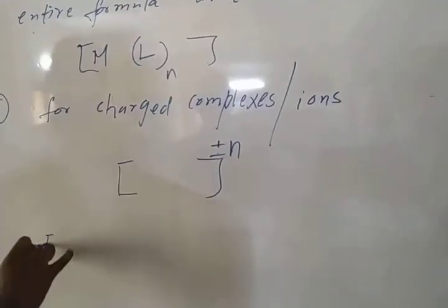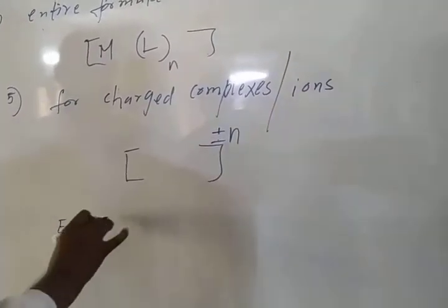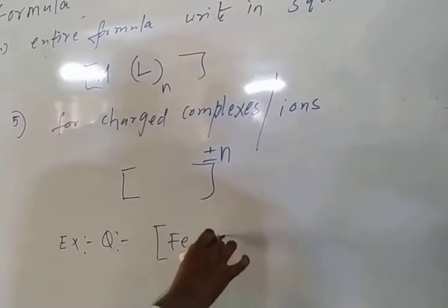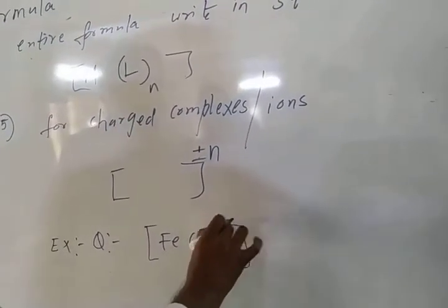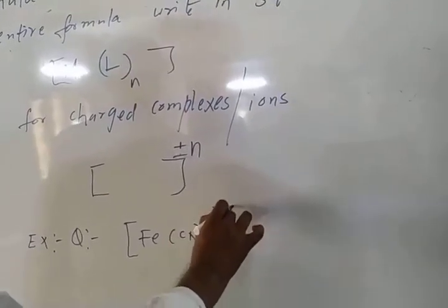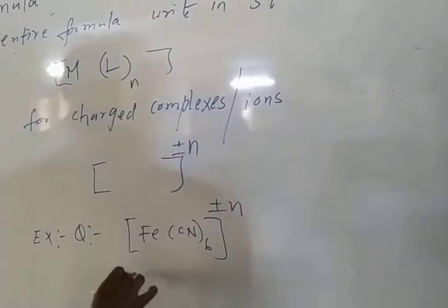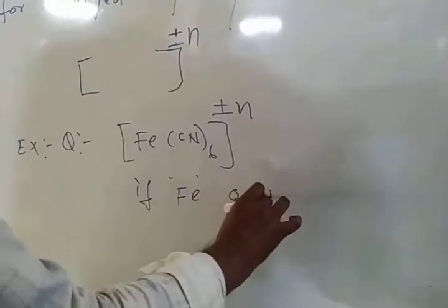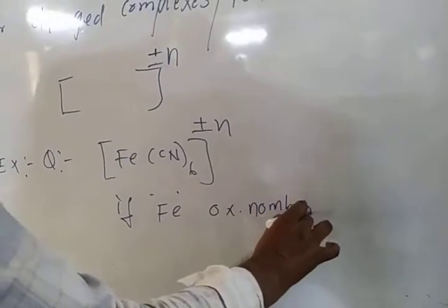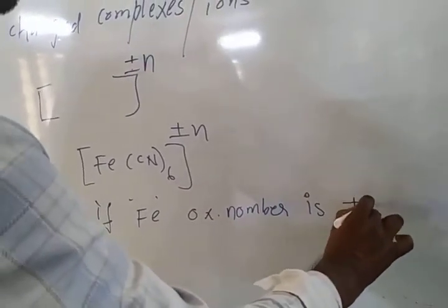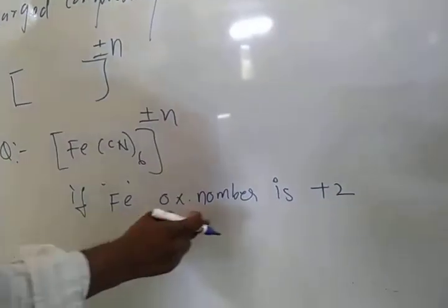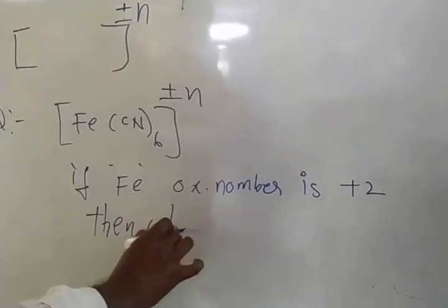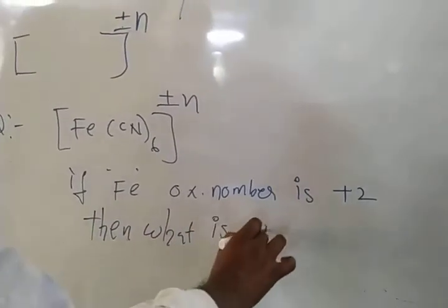So for example, a question: here iron, CN6, and here plus or minus n. If the iron oxidation number is plus 2, then what is the n value?